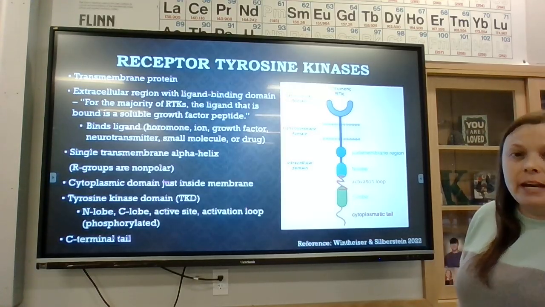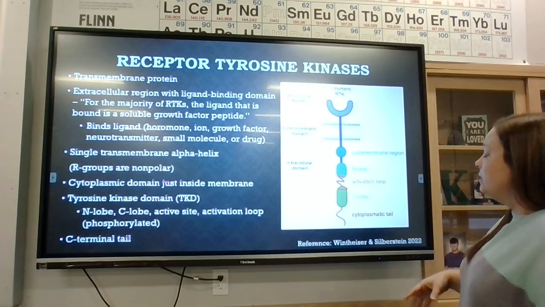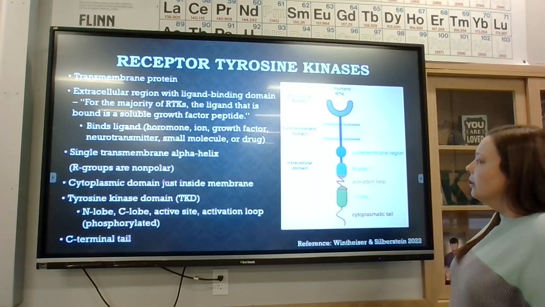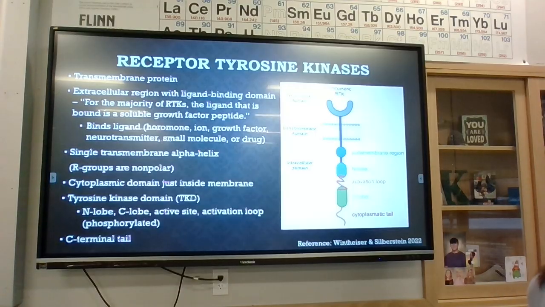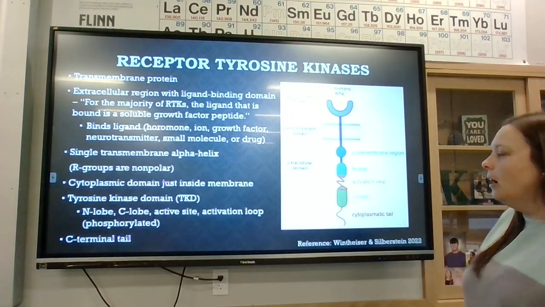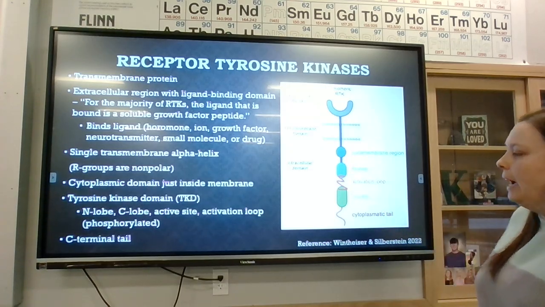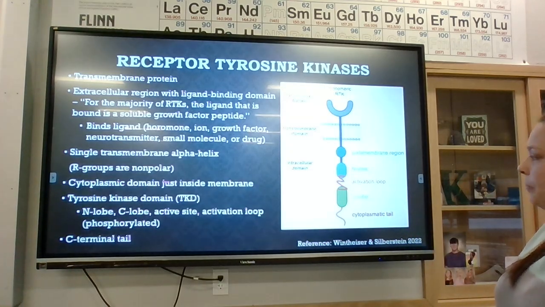This is where the tyrosine kinase does all of the action with phosphorylation, happening here with an N lobe, the C lobe, and in between those is what's known as the activation loop. All of the action for attaching that phosphate group is going to happen in that activation loop, okay?